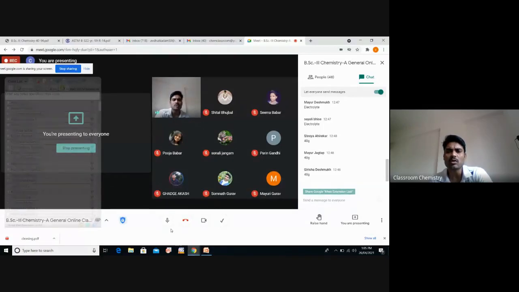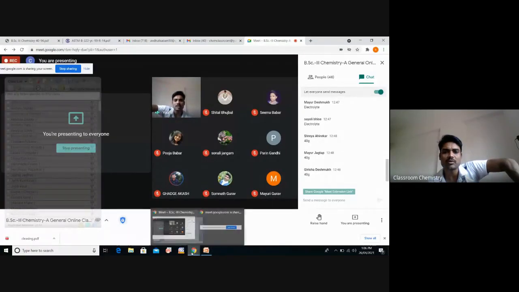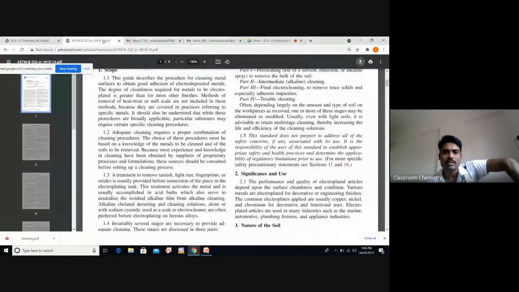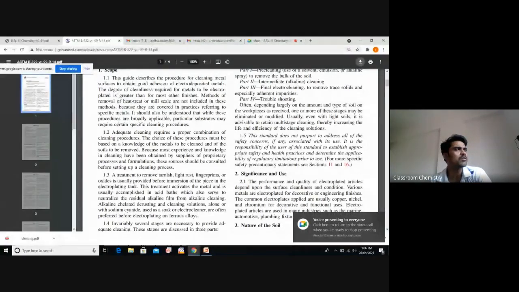Some quantity of gold, silver, platinum, rhodium, whatever elements are used in jewelries, some amount dissolves with the dust. Dust particles of course dissolve and get removed, but along with them, what dissolves? Some amount of this element, and hence there is loss in weight, and hence proper cleansing for electroplating is a must. If you want to electroplate a particular object, then cleansing is a must.